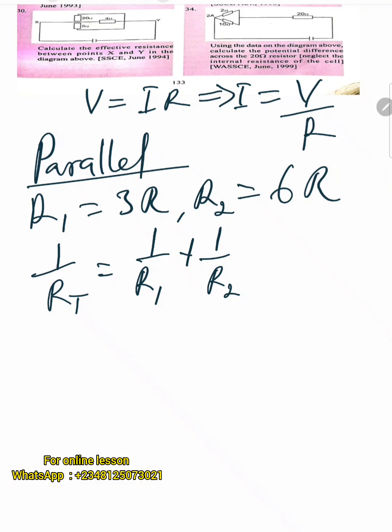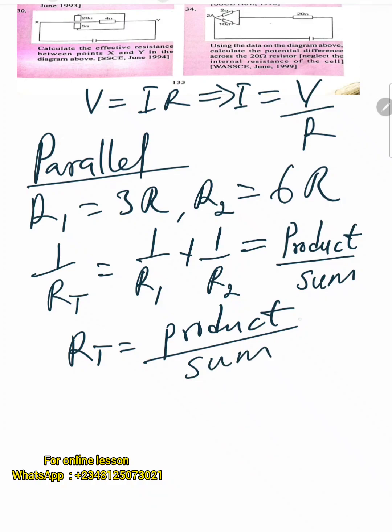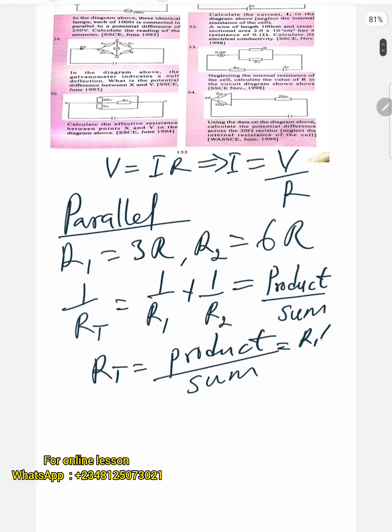After resolving this, we get product over sum, which means R total equals R1 times R2 all over R1 plus R2.